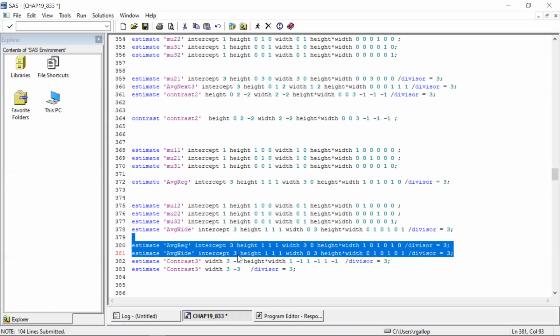So intercept 3 minus 3, that's 0, that's gone. The height, 1 minus 1, 0. 1 minus 1, 0. 1 minus 1, 0. So that's gone. The width, 3 minus 0, 0 minus 3. And then the height star width interaction: 1 minus 1, 1 minus 1, 1 minus 1, divisor 3.